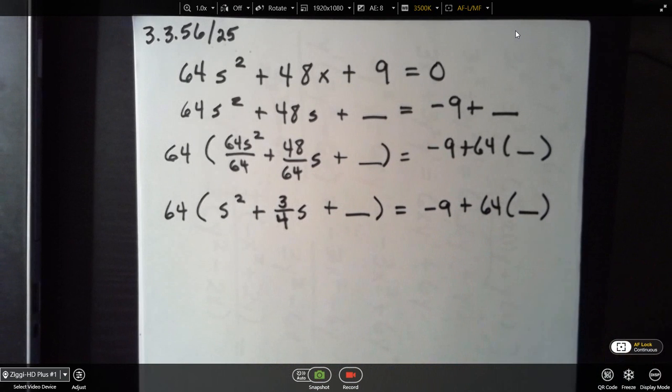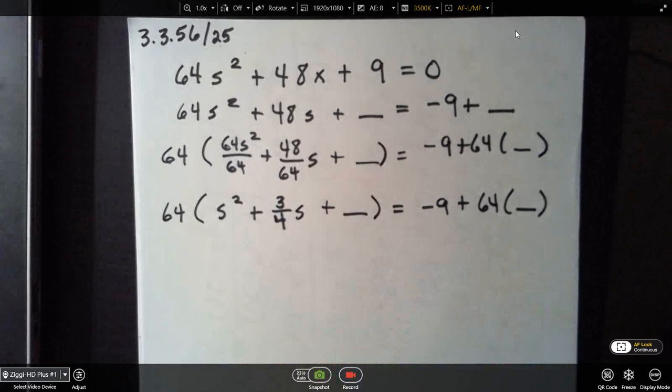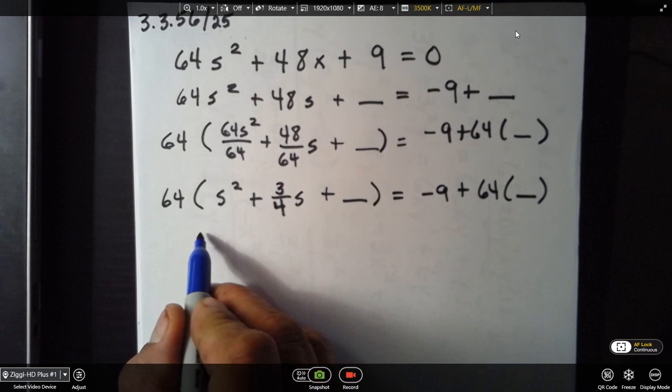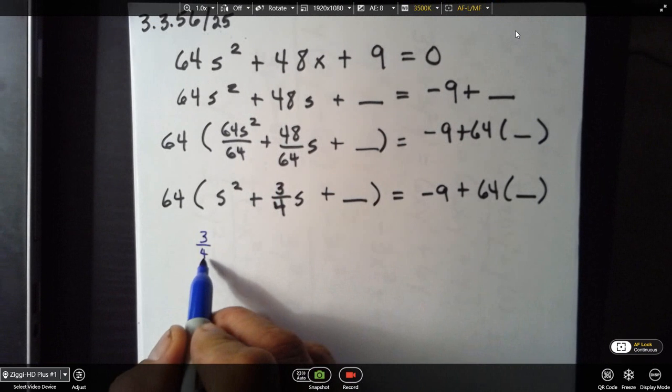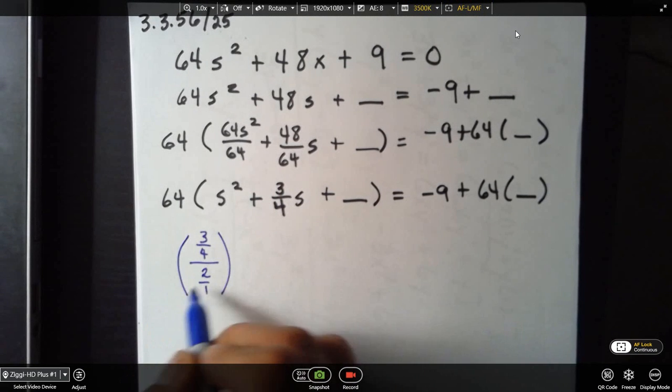Now here I'm going to take another marker and do completing the square, kind of in effect to show you that you have to factor out before you complete the square. So that's going to be 3/4 divided by 2 over 1, and I'm going to square it.